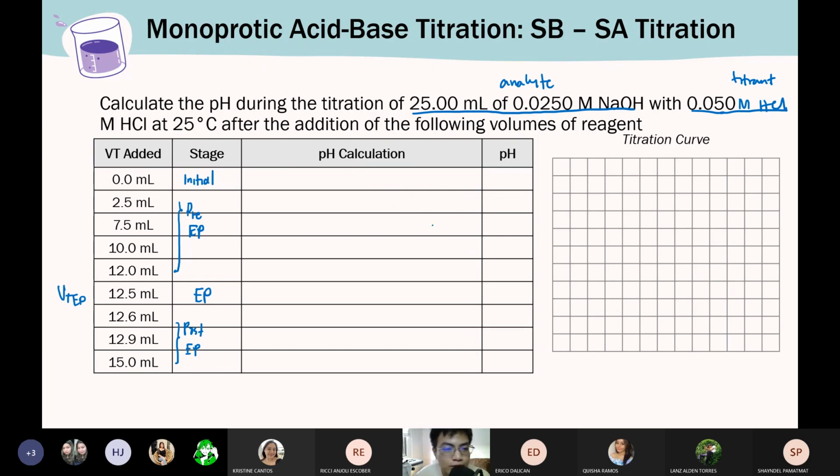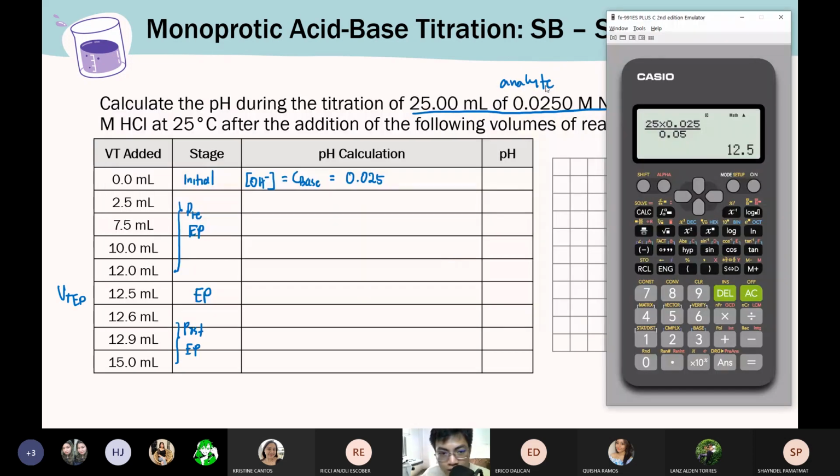For initial, whatever the concentration of your analyte is, that's the base concentration already. So whatever the concentration of your base here, yun na rin yung kanyang OH concentration. So that will be 0.0250 molar. So pHi equals 14 minus negative log of 0.025.